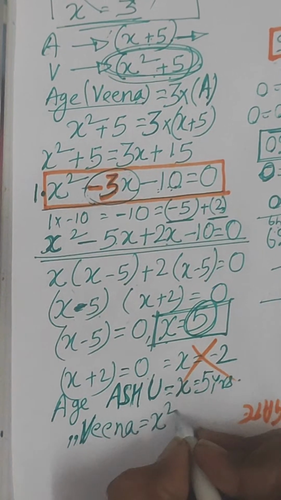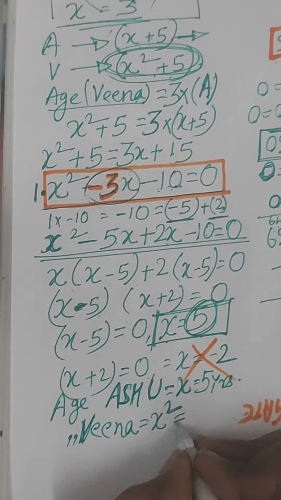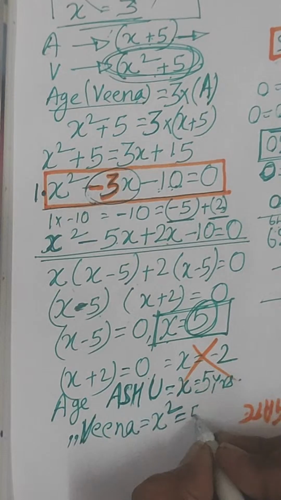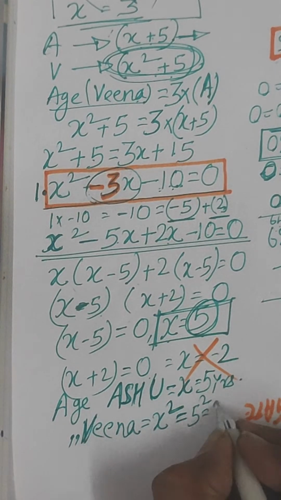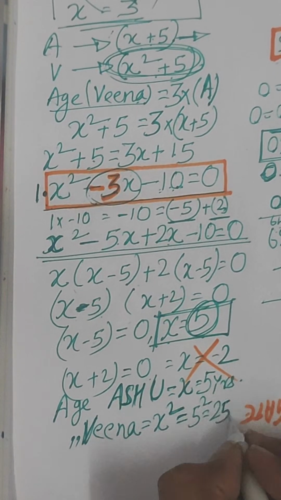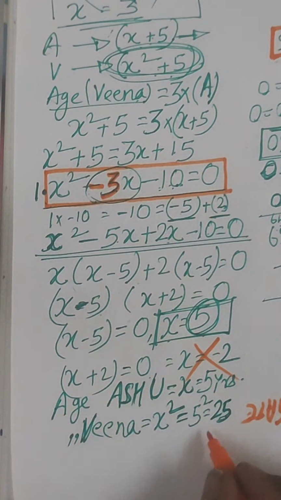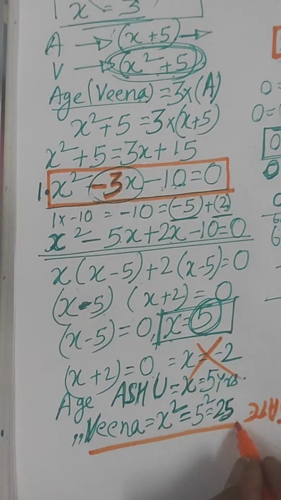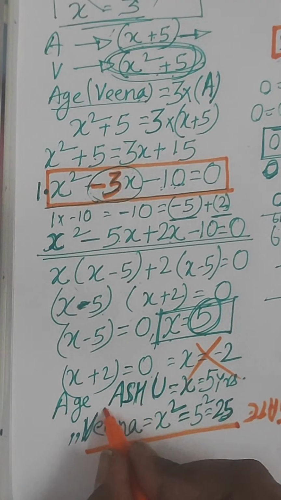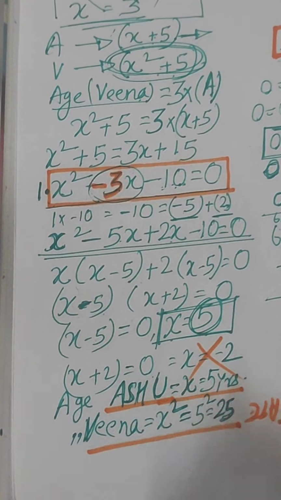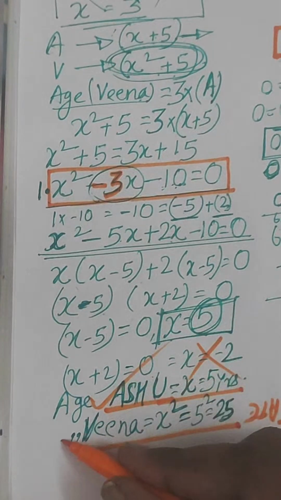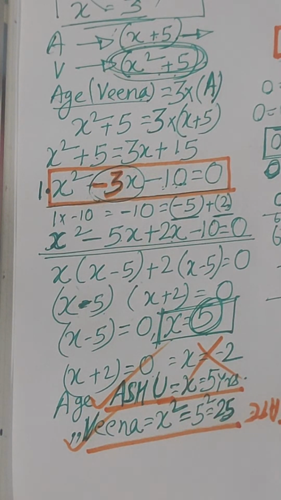So x square is nothing but 5 square, which is 25. So 25 years is the age of her mother, Veena, and Ashu's age is 5 years. So these are the answers, students, right?